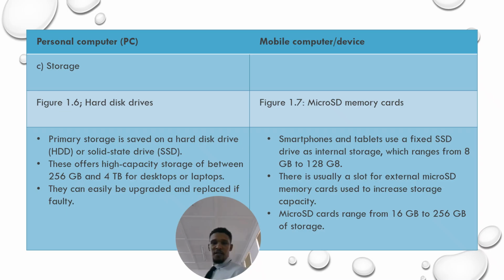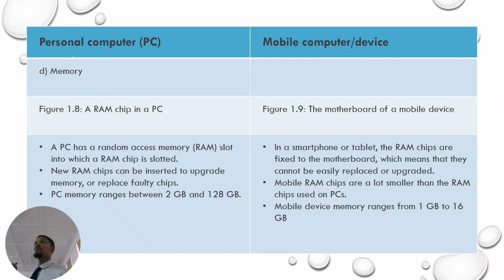Now we look at memory, which is your RAM, on your computer and also on your smartphone. A PC has a random access memory slot in which a RAM chip is slotted in. New RAM chips can be inserted to upgrade the memory. This depends on the speed of the computer as well. Your personal computer memory ranges between 2 gig and 128 gig.